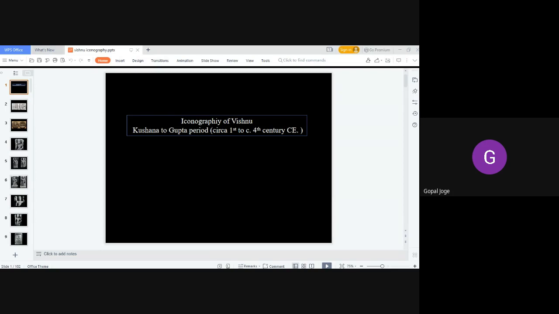Ghoshundi inscription datable to the 2nd century BCE.